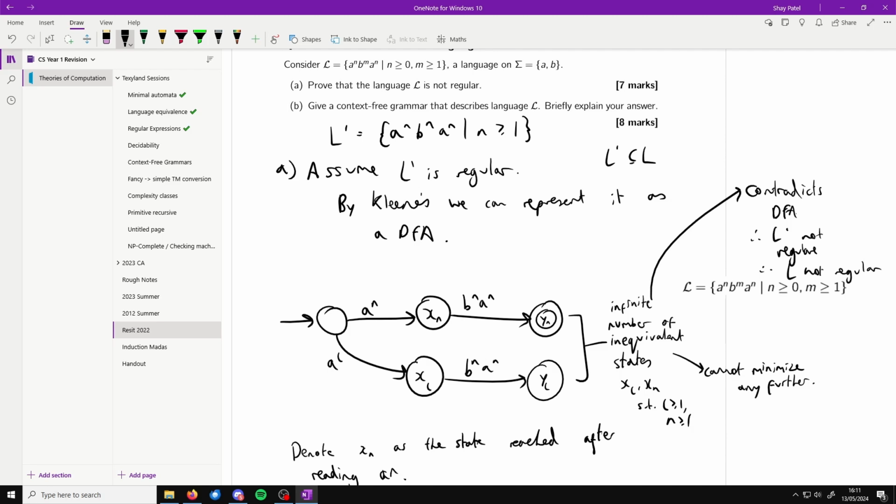So since L prime is a subset of L, L should not be able to be represented by a DFA, because if we can represent L by a DFA, we can represent L prime by a DFA, and hence it must not be regular. Hence L must not be regular, because it contains a non-regular subset. But I'm going to ask Todd actually.